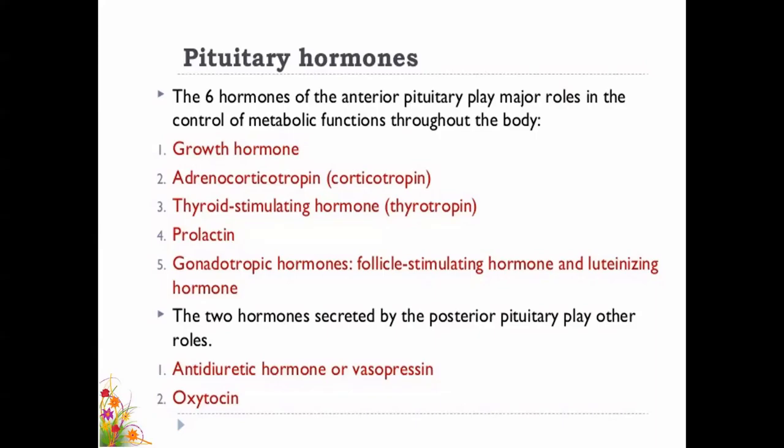If you had a question on the quiz paper saying ADH and oxytocin are produced by the posterior pituitary gland, that is wrong, because they are not produced in the posterior pituitary gland. They are just released. So these hormones are produced in the hypothalamus. These are the things relevant to pituitary hormones.